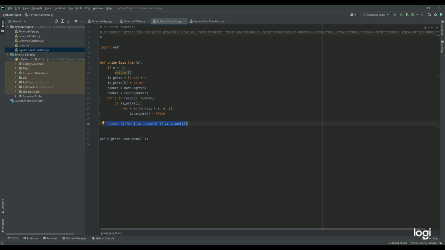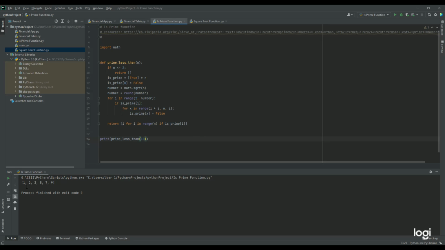So I tested with the number 10 just to see if it would work, because we all should know or can figure out which numbers are prime from 1 through 10. So I ran the code, I clicked run, and it gave me number 1, number 2, 3, 5, 7, and 9.